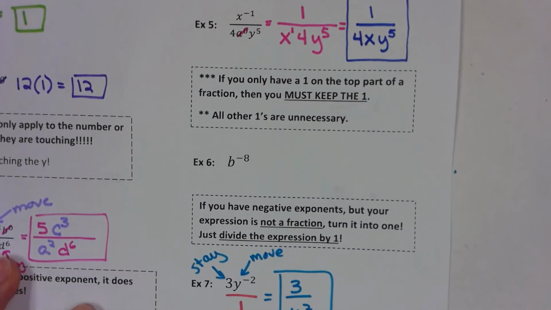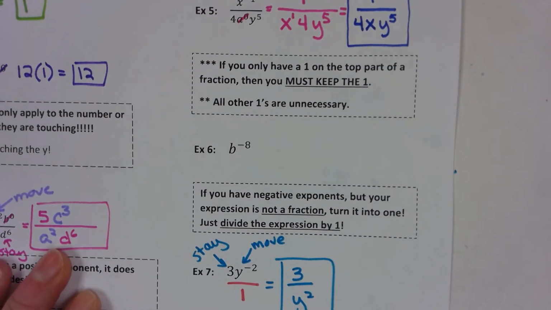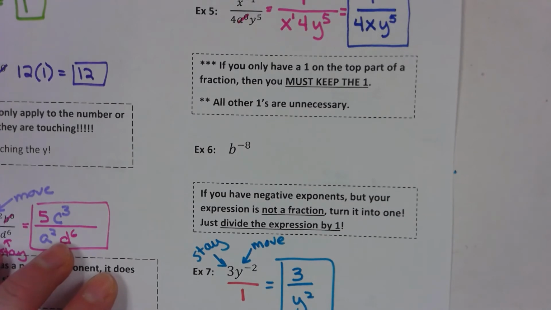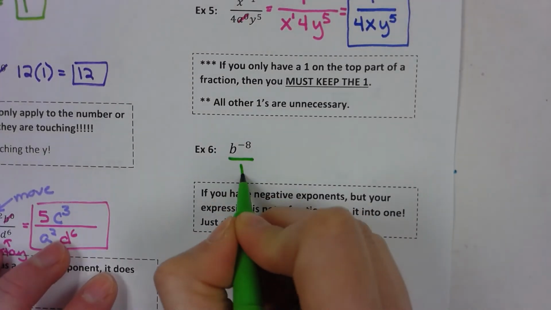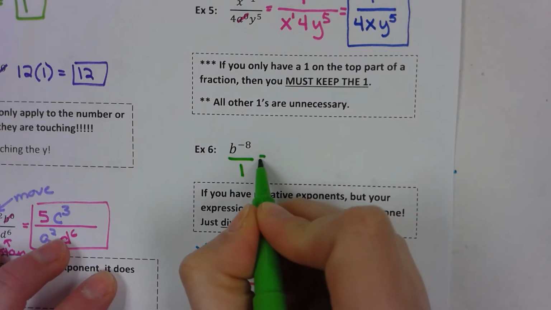Number 6. All right, I've got a negative exponent, so I know it needs to change sides of a fraction bar, but it's not a fraction yet. Well, we're going to use the same trick that we did when we were working with slope. Put a 1 on the bottom, because dividing by 1 does not change your number, it just changes the way that it looks.